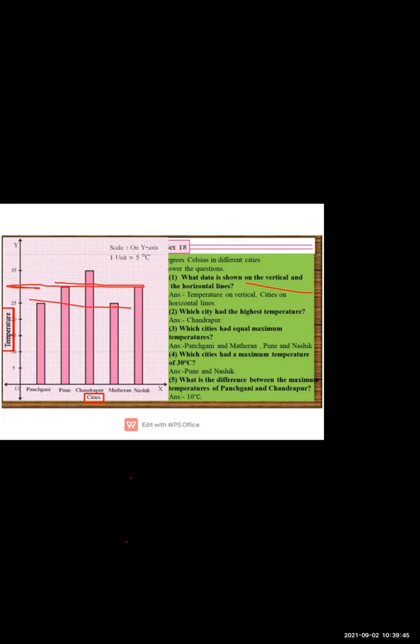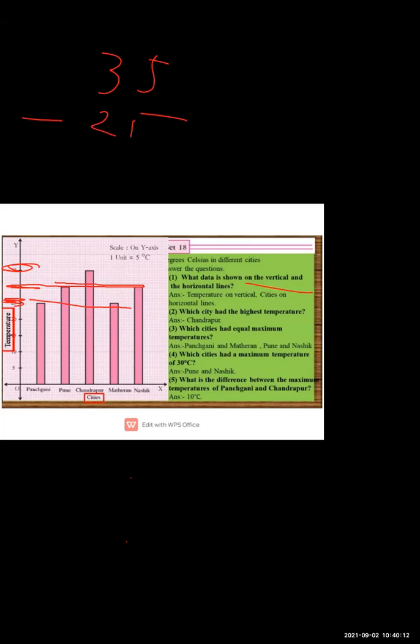Next is, what is the difference between the maximum temperature of Panchgani and Chandrapur? Now, Panchgani is having 25 and they have asked about Chandrapur. Chandrapur is having 35. Okay. Now, what is the difference between the maximum temperatures they are having? So, we will do 35 minus 25.